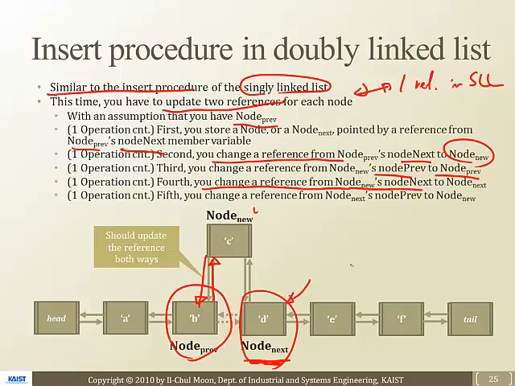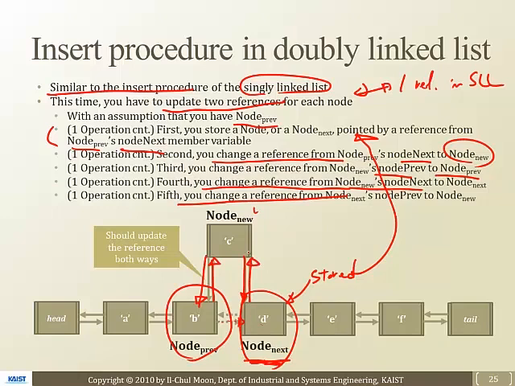This is something that you already stored previously by the first operation. Then node next's prev is updated, and finally node next's prev is going to be node new.